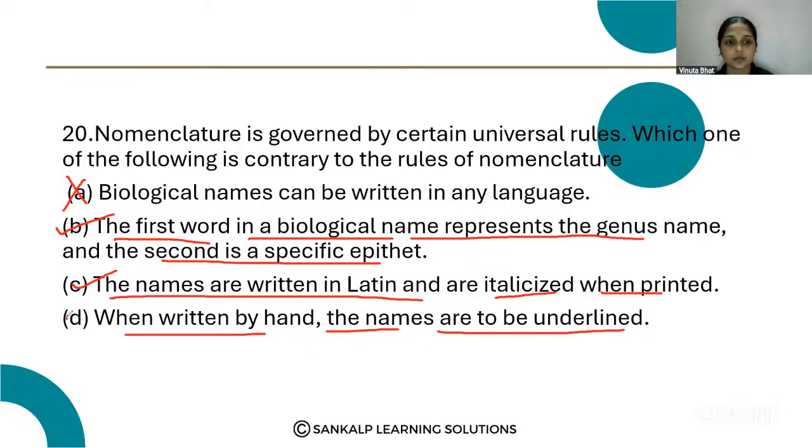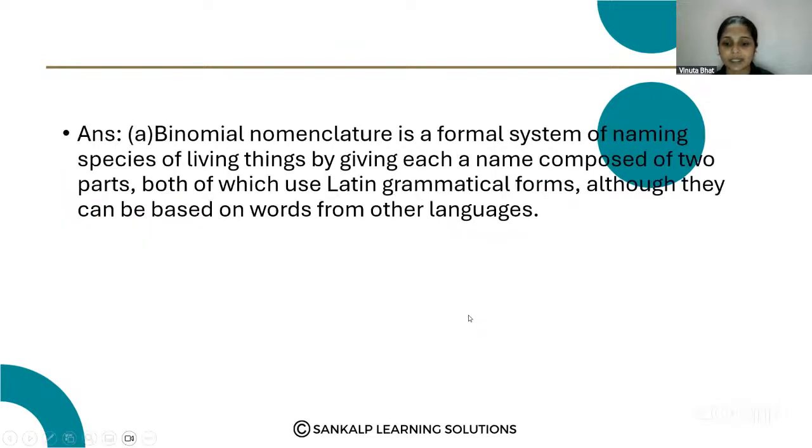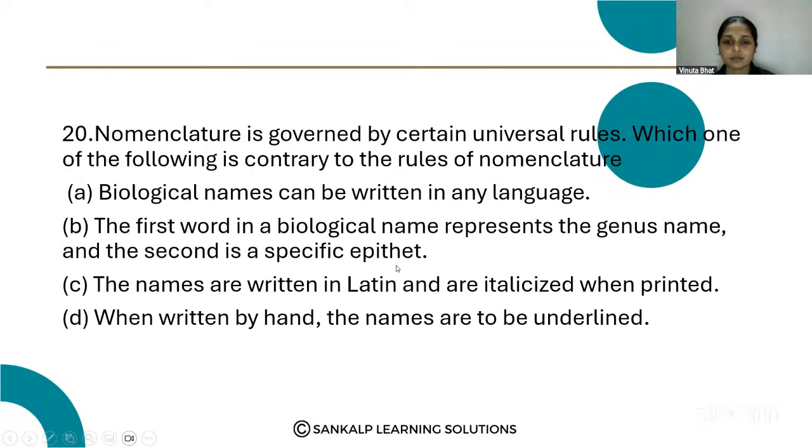Yes, that is the correct one. So option A, biological names can be written in any language, is contrary to the rules of the nomenclature, which is binomial nomenclature.